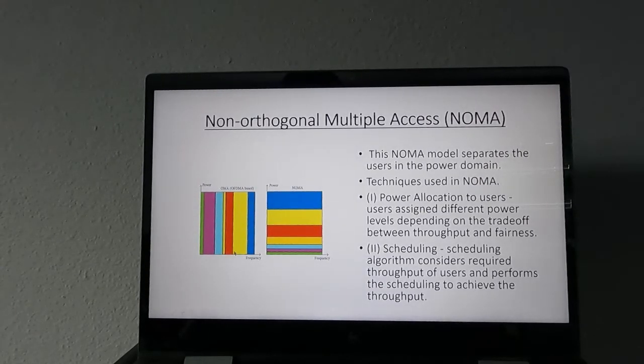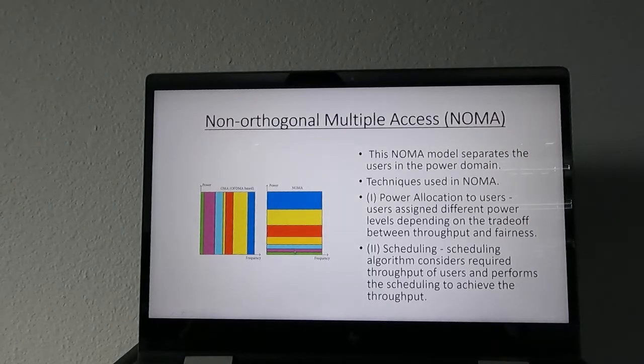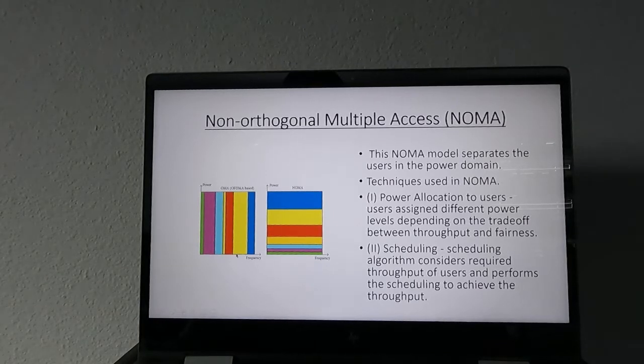Here's an example of the NOMA model that we're going to use. See, this is OMA with different frequency slots, and the power is the same. But in NOMA, all the frequencies are utilized simultaneously, but different power is allocated to different users. So the two techniques are power allocation and scheduling.